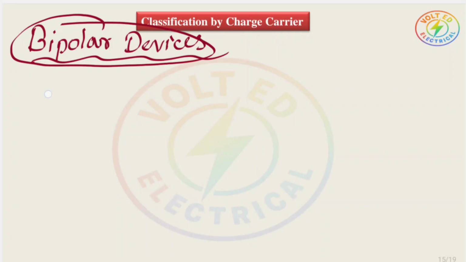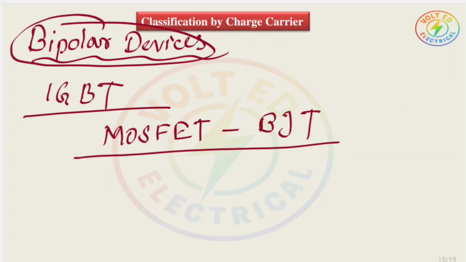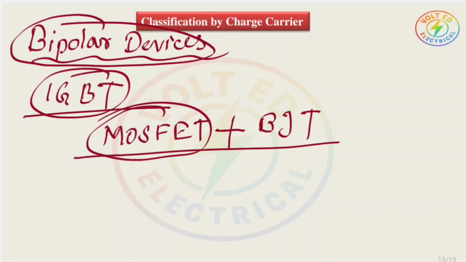Let's see the IGBT. So IGBT is the combination of MOSFET and BJT. So whatever the conduction process, that is done because of the BJT, based on the BJT characteristics. So the IGBT combines the input structure of MOSFET with the conduction characteristics of BJT.